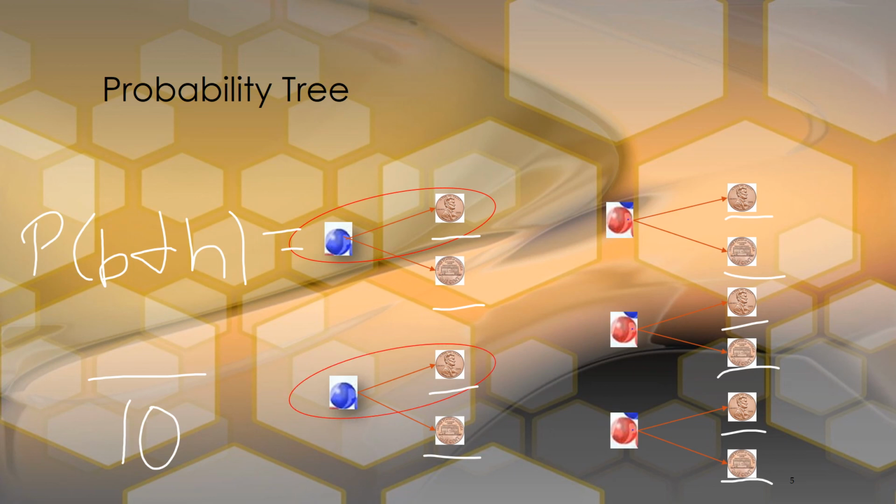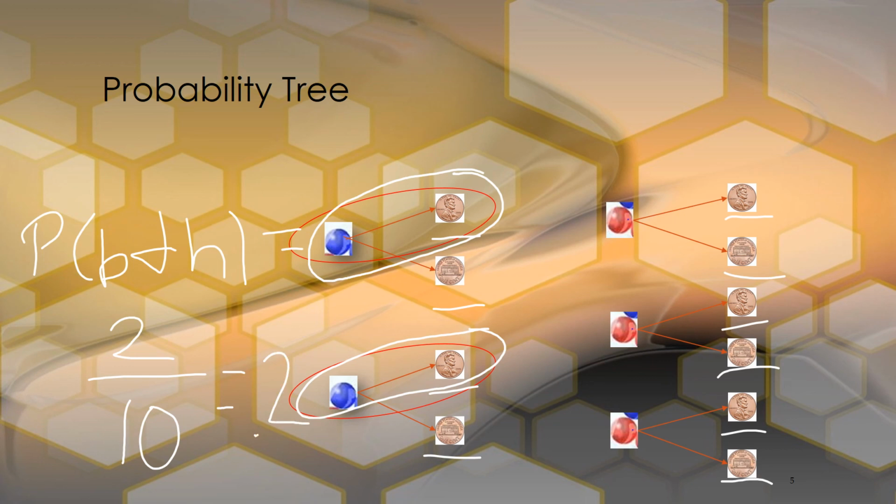And that happens here with the first blue marble and getting heads, and here with the second blue marble and getting heads. So there's two instances where our event occurs. So we're going to have 2 over 10, which equals 0.2. So that's the answer that we got before. So a probability tree is another way to get the multiplication rule.